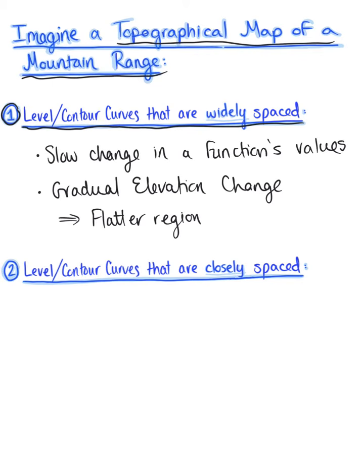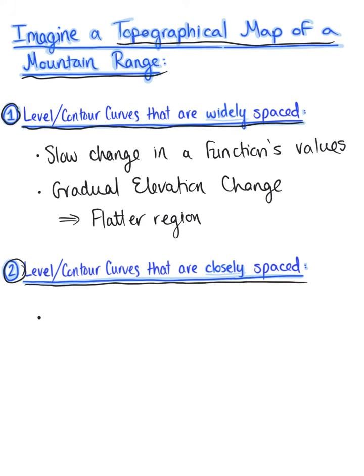Now again, imagining your topographical map of a mountain range, what do you think is happening if you're observing that the level or contour curves are closely spaced, or these curves are tight together? Well, curves that are tight are indicative of fast change in a function's value. Or specific to a mountain range, this is going to be indicative of rapid elevation change, and usually a steeper region.